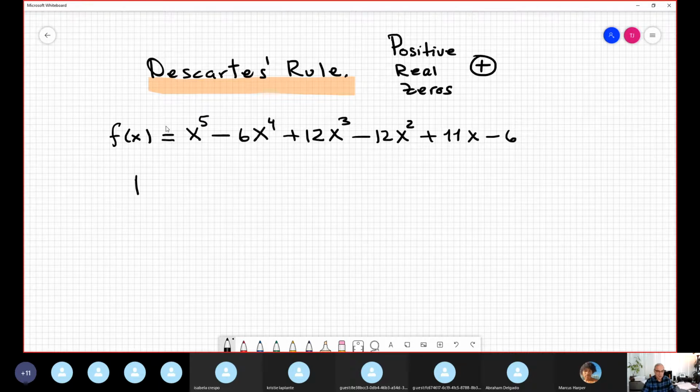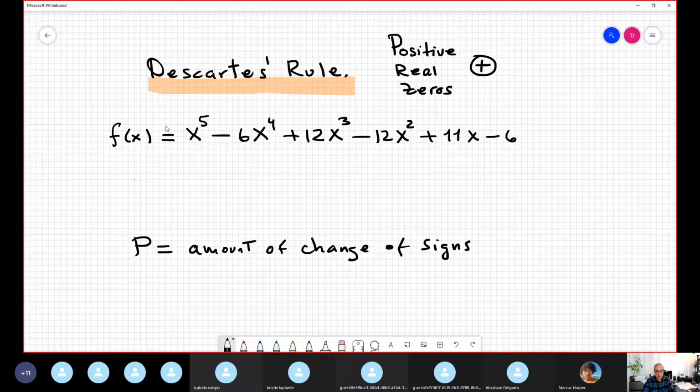O sea, P. Who is P? Espérate. Who represents P? P is the amount of change of signs in the polynomial. How do you understand this?